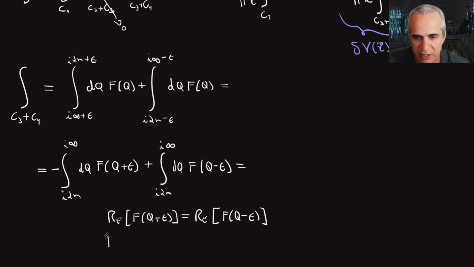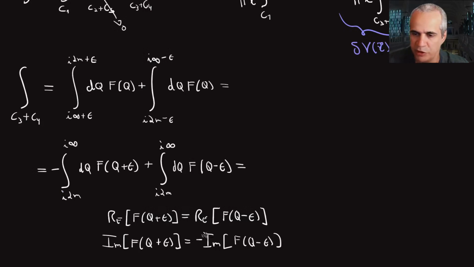But the imaginary part is not like that. In fact, the imaginary part has a sign flip; that's the discontinuity of this function. Which means that together with this sign, the imaginary part will be added.